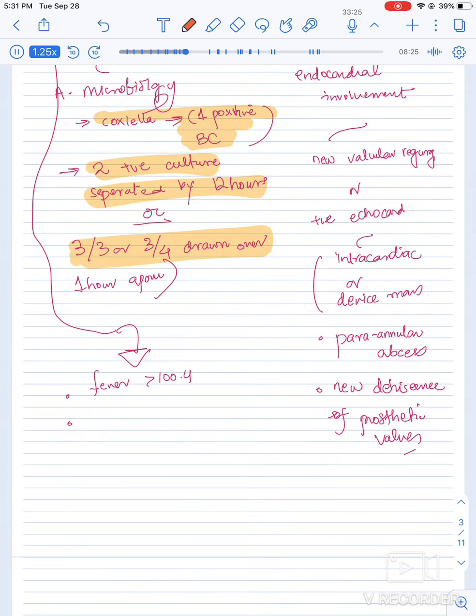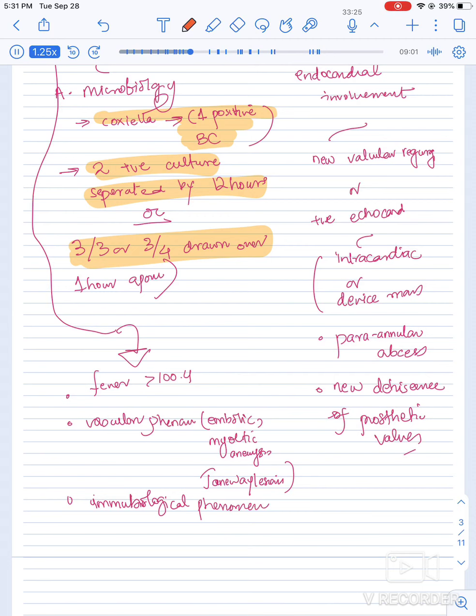You can have vascular phenomena, and those vascular phenomena can include embolic events, mycotic aneurysm, Janeway lesions, or you can have immunologic phenomena, which can include your Osler nodes and then your Roth spots, or you can have glomerulonephritis.